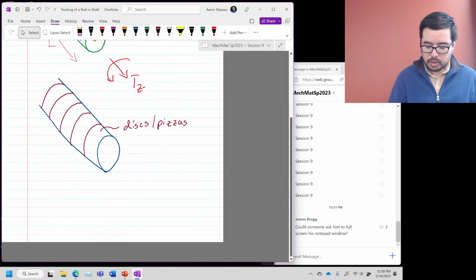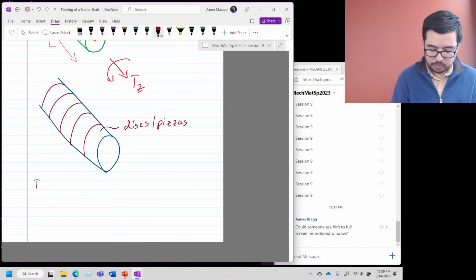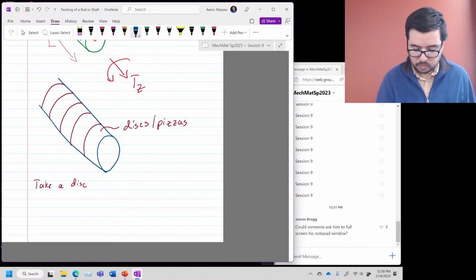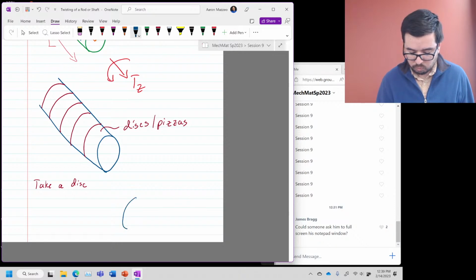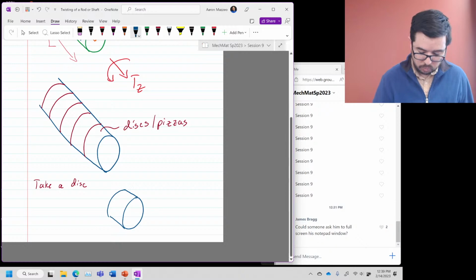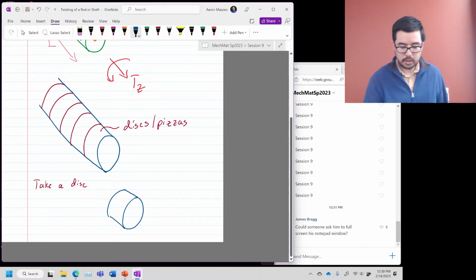So if we take one of these discs, let's take a disc. That's our disc.